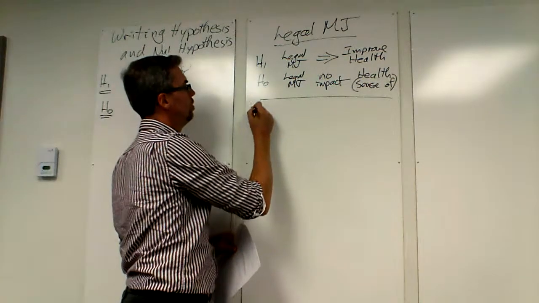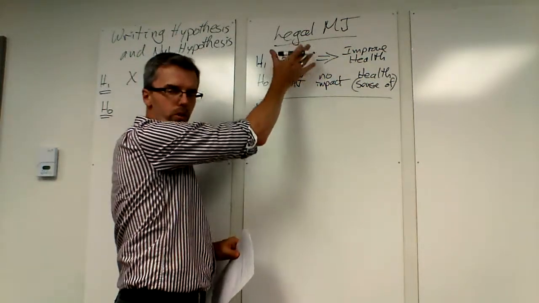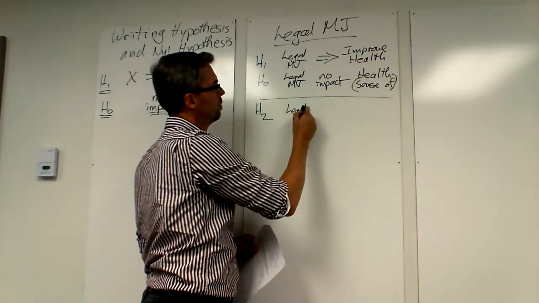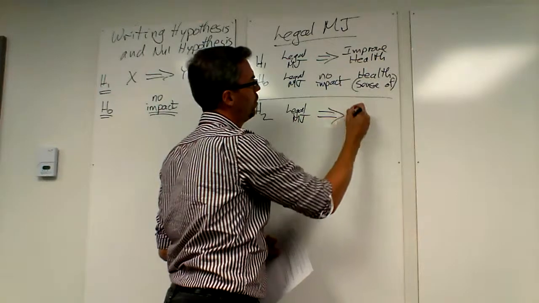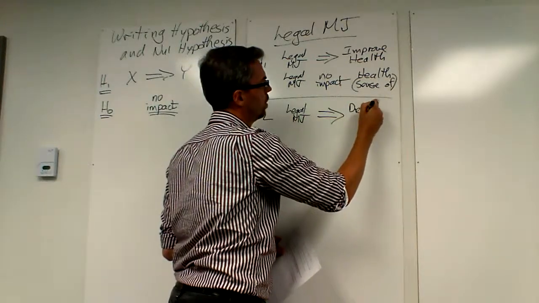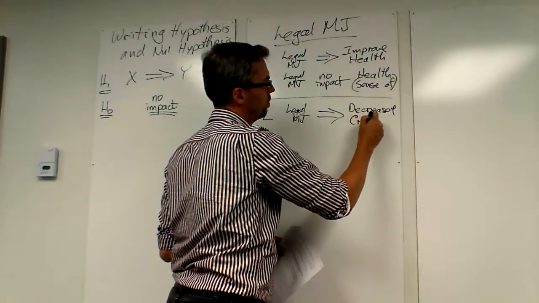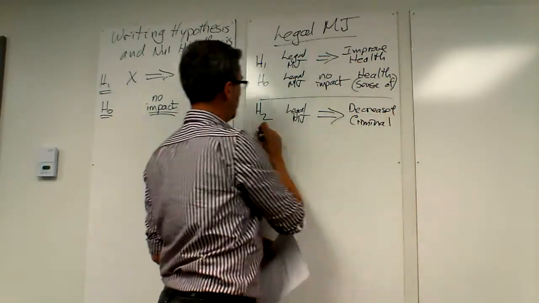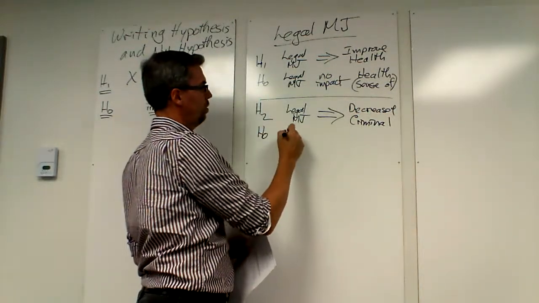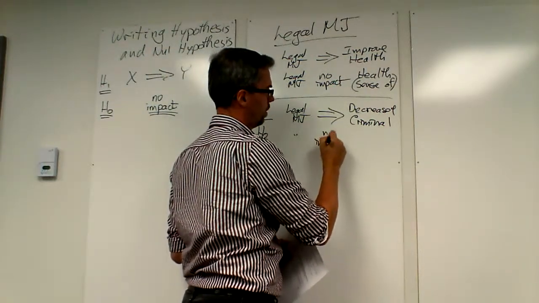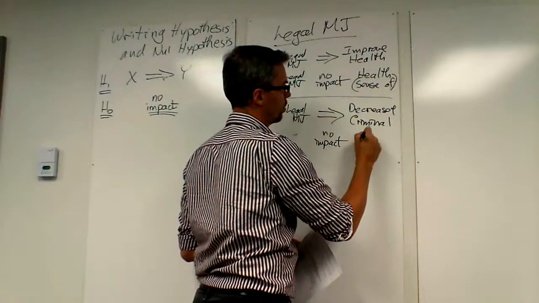Now H2, same research paper: legalizing marijuana will lead to decreased criminal activity. The null hypothesis of H2 is that legalizing marijuana will have no impact on criminal activity.